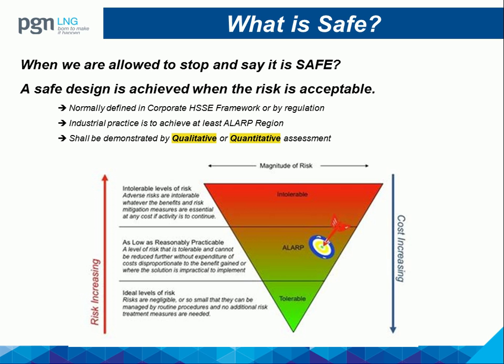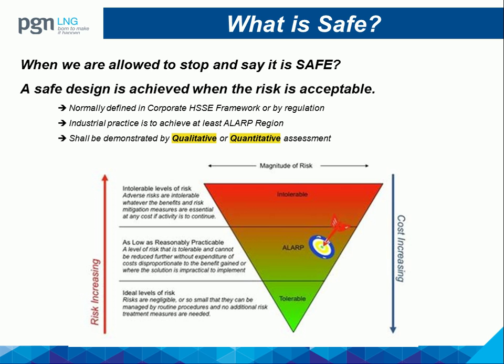I would say it again, a safe design is achieved when the risk is acceptable. So how is acceptable defined? Basically, normally, it is defined in the corporate HSSE framework or by regulation. And then the second one, you may find it in the industrial practice.